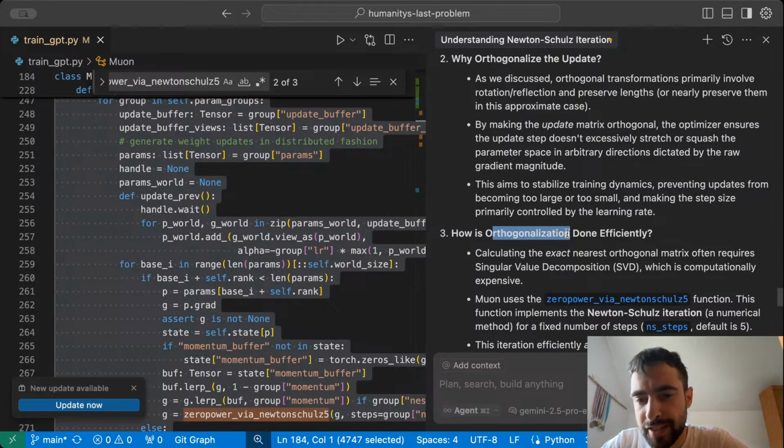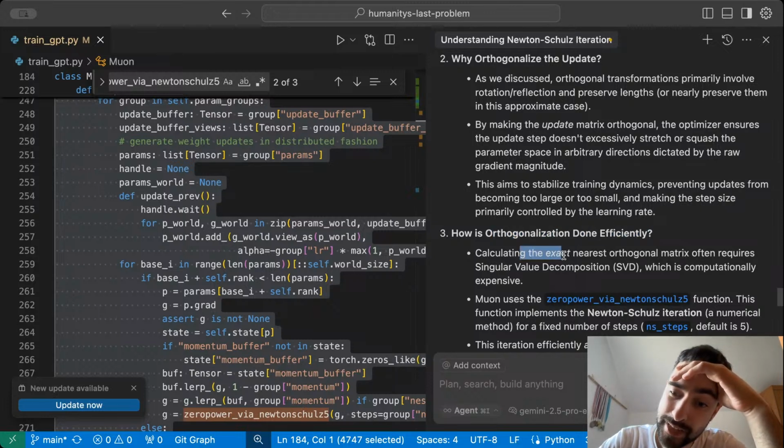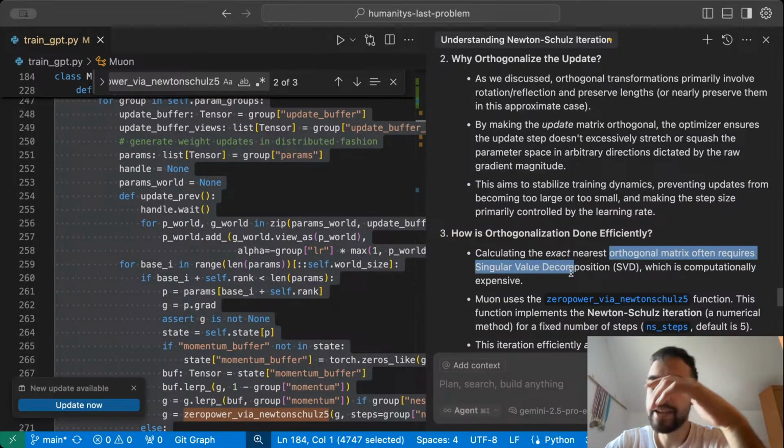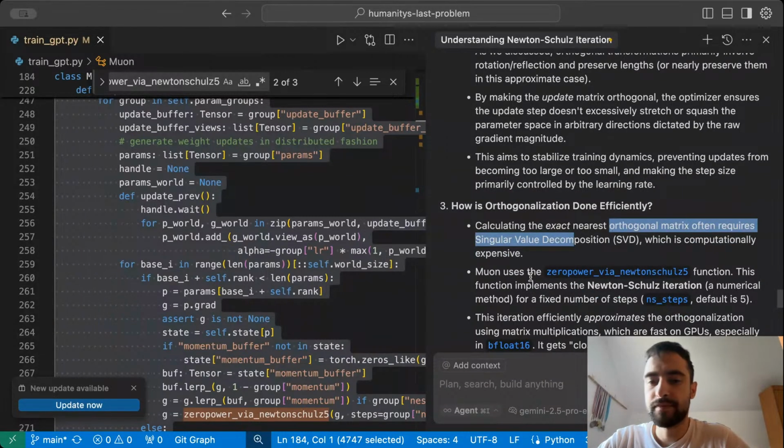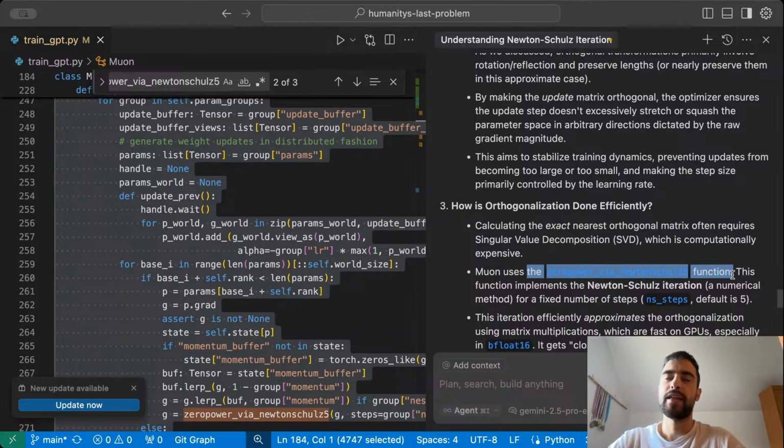How is orthogonalization done efficiently? Calculating the exact nearest orthogonal matrix often requires singular value decomposition, which is computationally expensive. That's why we approximate it. We use a fifth degree polynomial.